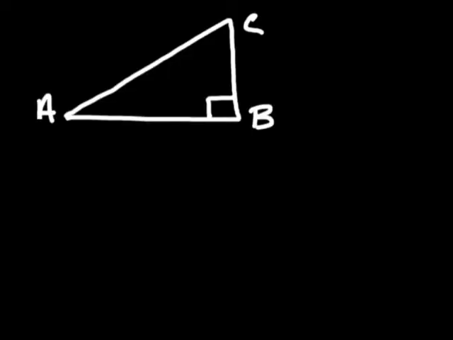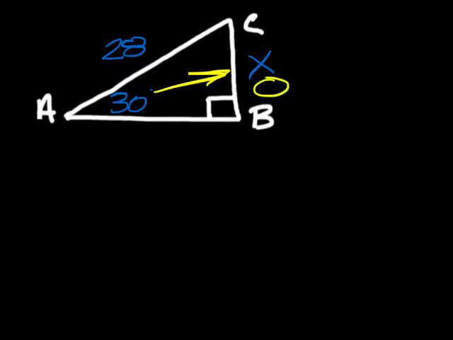Example number 5. In this case, we don't know x. We do know 30 degrees, and we know this is 28. Label the triangle off first. This is opposite, and this is hypotenuse. Always hypotenuse when it's across from the right angle. Which function uses opposite and hypotenuse?